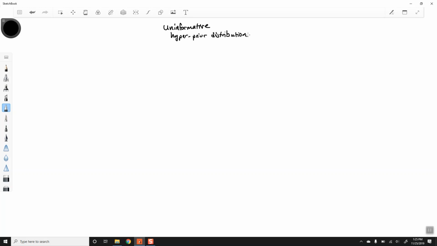This is just the name for the distribution from which the parameters of the prior distribution are drawn. A hyper prior is just something above that. From this, we are going to draw the values alpha, shape parameter 1, and beta, and these two together make our beta distribution prior.